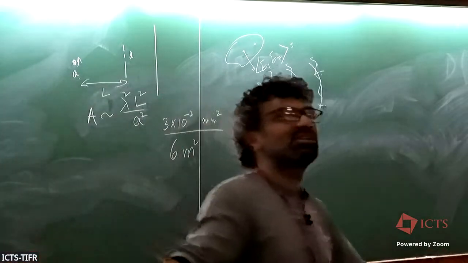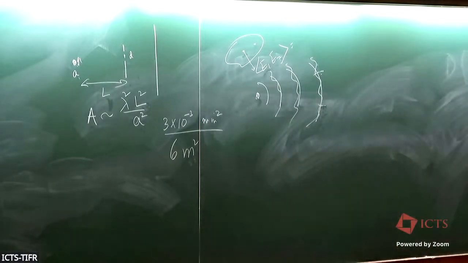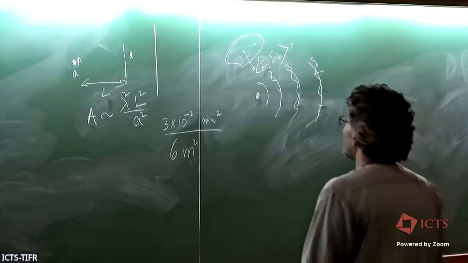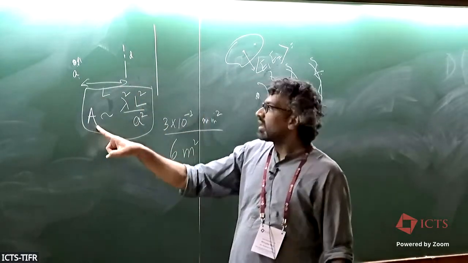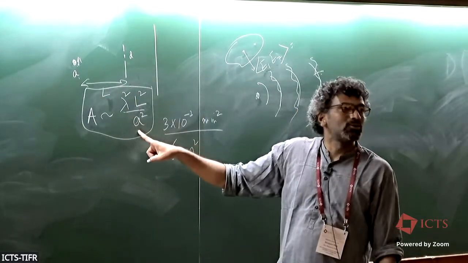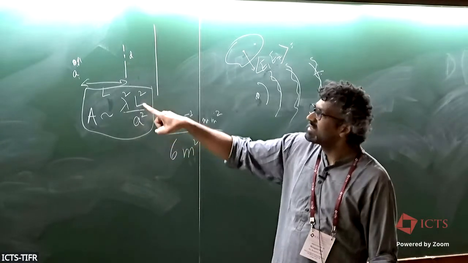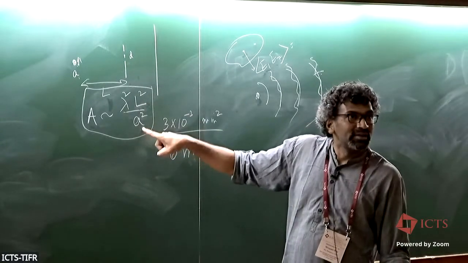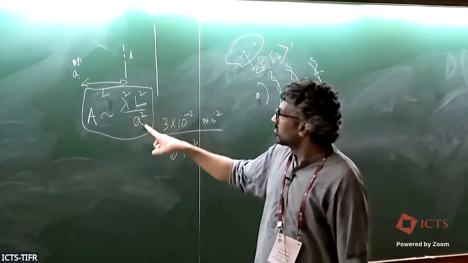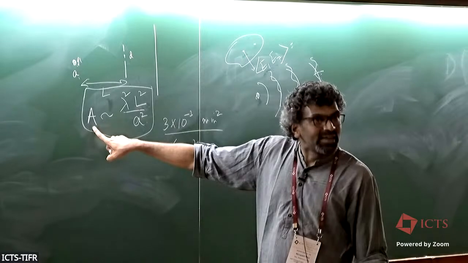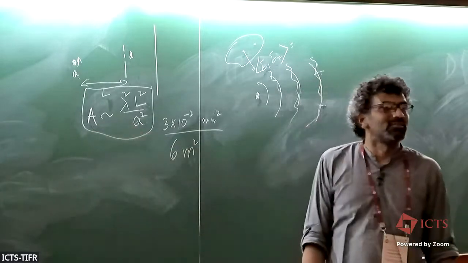There is spatial coherence at that separation. That tells me what can be the size of this source. If I know A, I know lambda, I know L, I know what will be the size of the source. A by L is actually angular size, right? So the angular size of the source and the area of coherence are directly related.